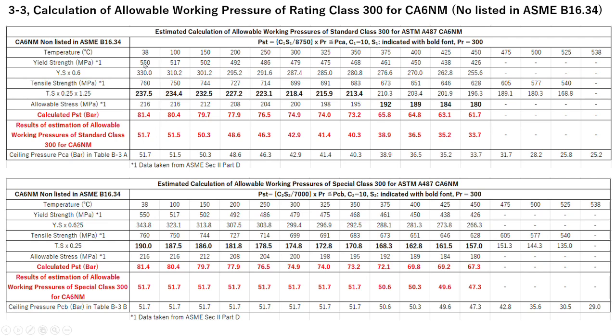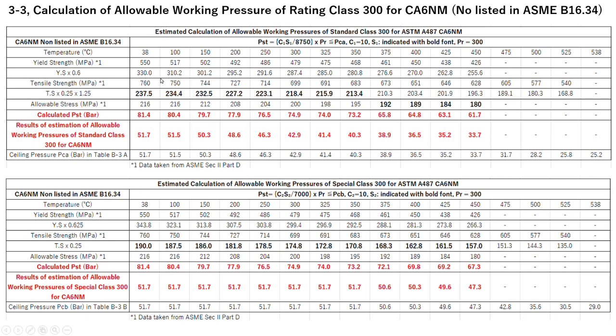So the yield strength level is very high, 550 megapascal, very high yield strength indicated for casting CA6NM. The tensile strength is also at a higher level. So calculate 60% of yield strength: 330.0, 310.2.